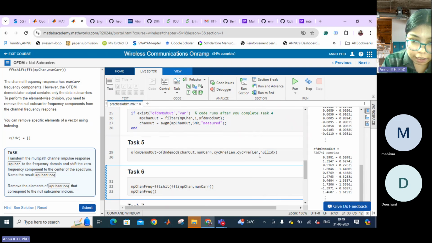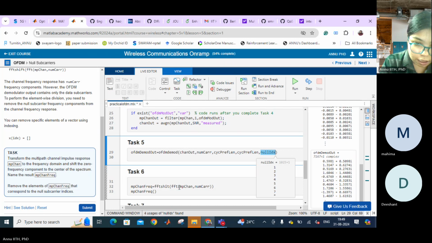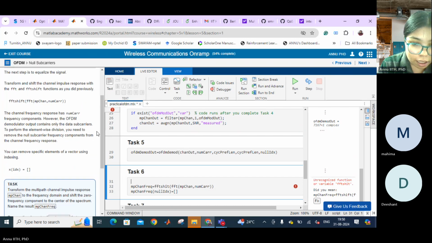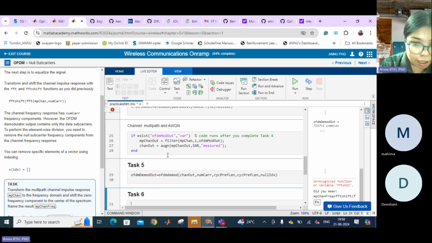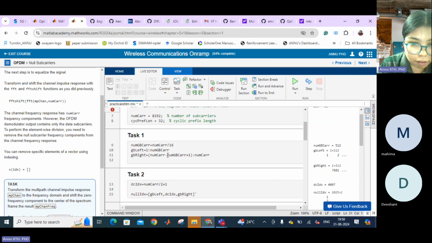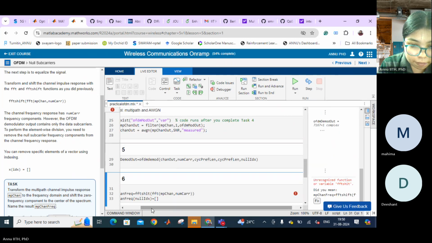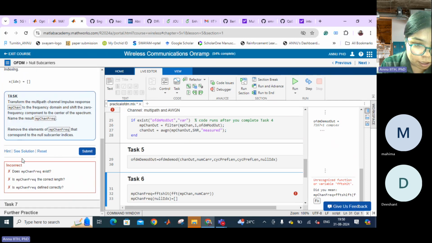Null subcarrier, so null index. I hope this is correct. FFT shift, FFT, number of carriers, num carrier. What was there? Num carrier. Let's see the solution.